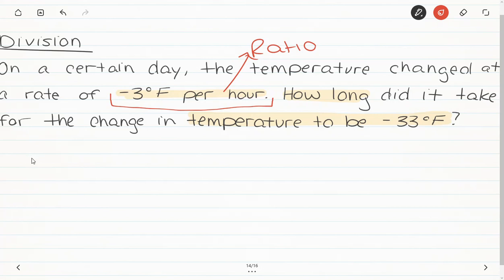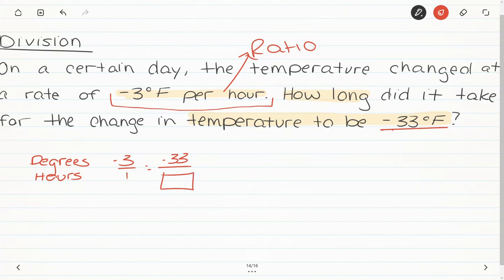I'm comparing degrees to hours. So I know it's -3 degrees per hour means 1 hour, so it's -3 for 1 hour. And I want to get to this -33 degrees, so that's going to go on the top. And I'm looking for this blank on the bottom.